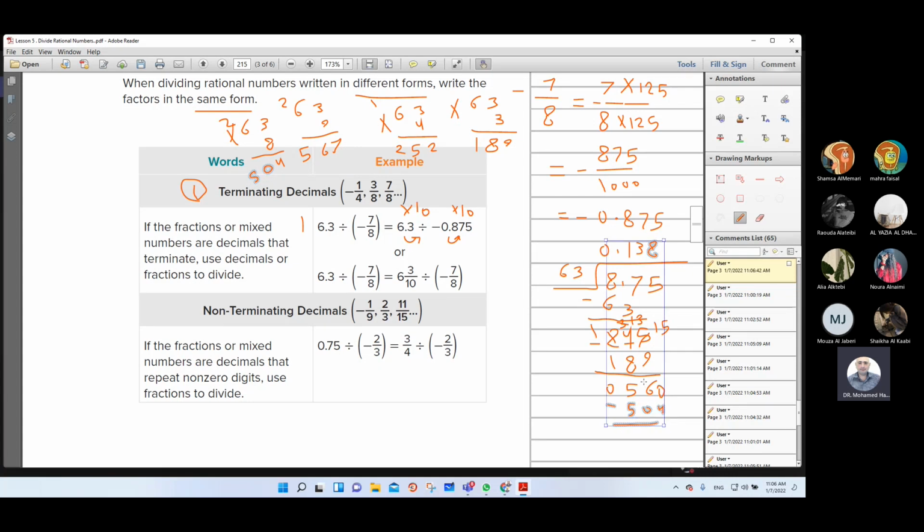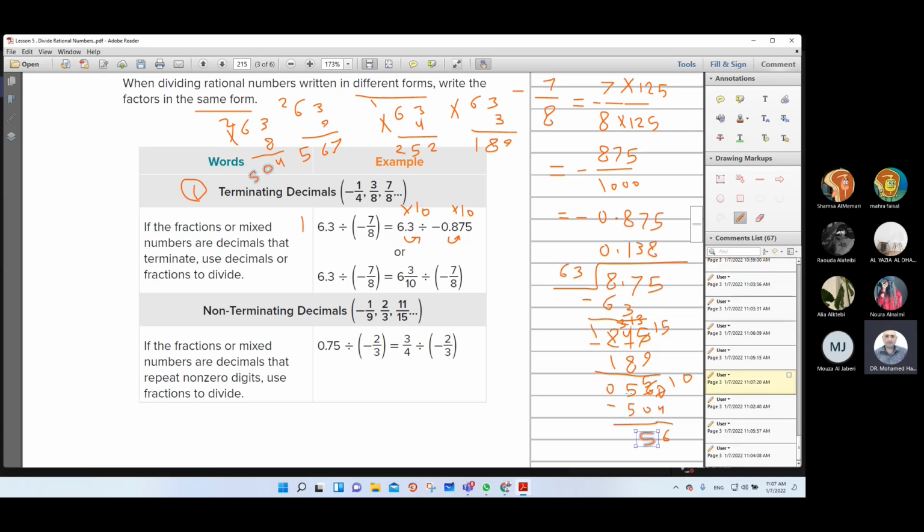Borrow 1 from 6. 6 will be 5. And 0 will be 10. Ten minus 4 will be 6. 5 minus 0, 5. And 5 minus 5, 0.